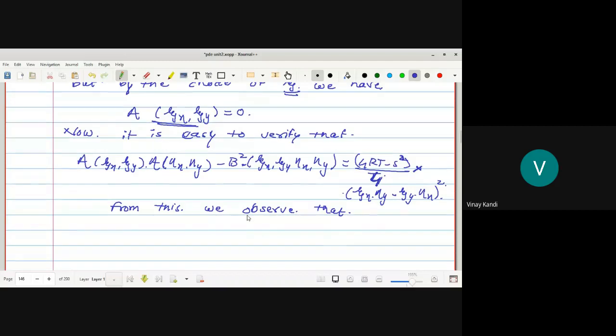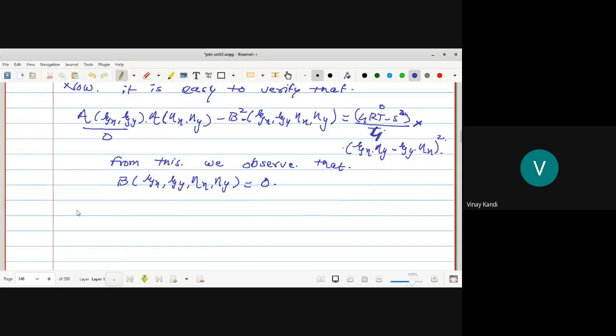So here we get, and this is 0, this is 0. Okay, so at last we get B is the function of psi x psi y eta x eta y is equal to 0.